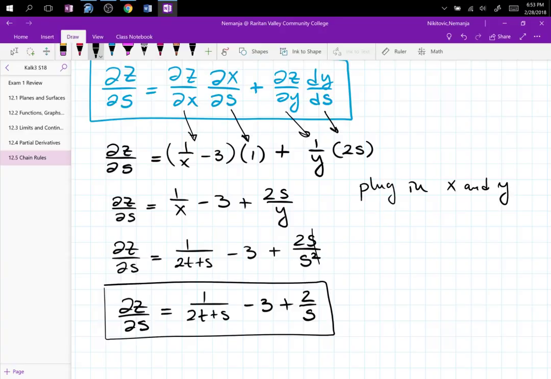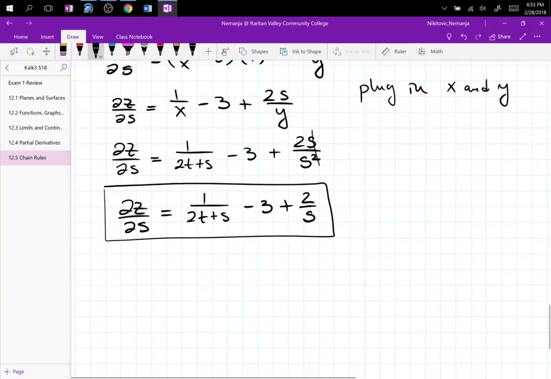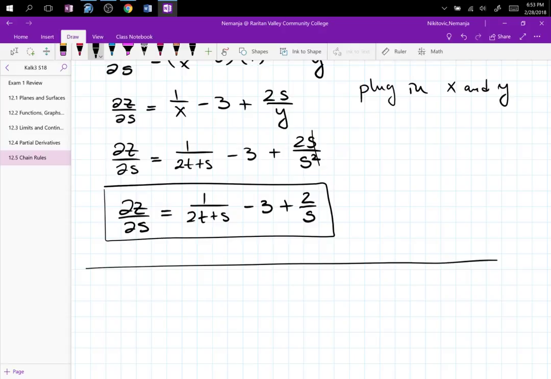Well, let's take a look at examples that the book is providing. This is problem number 10.